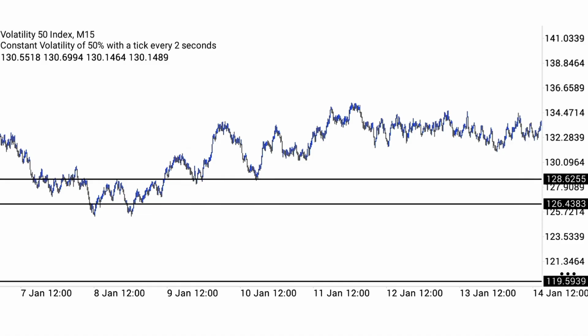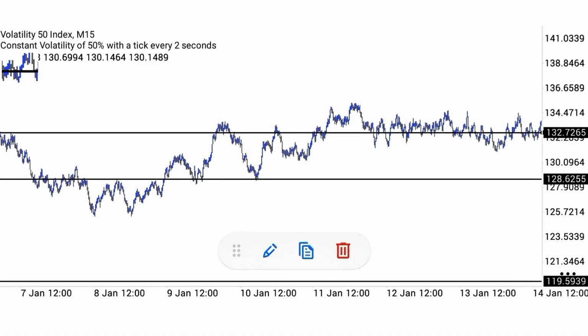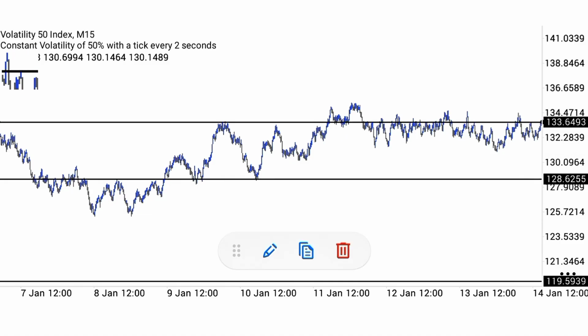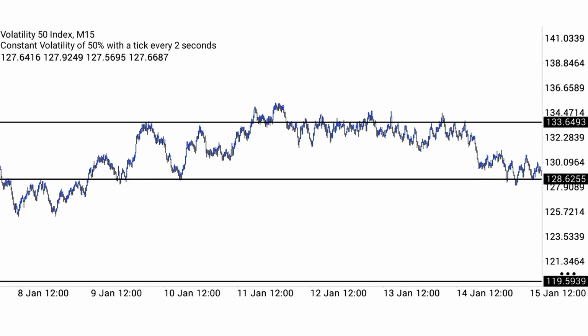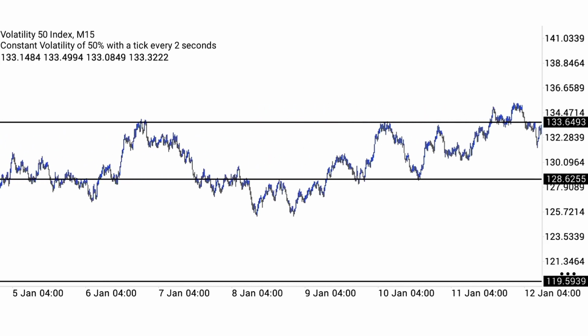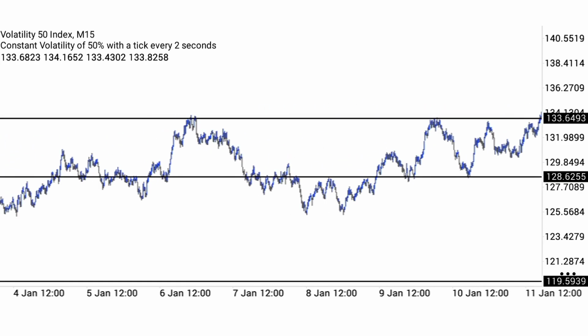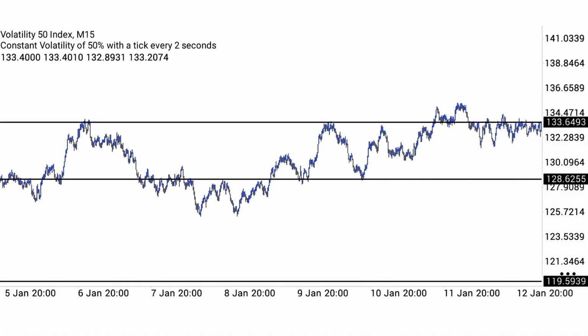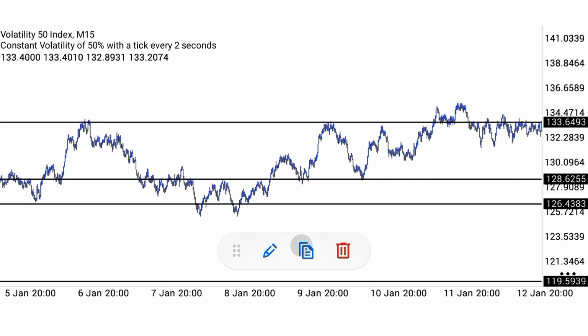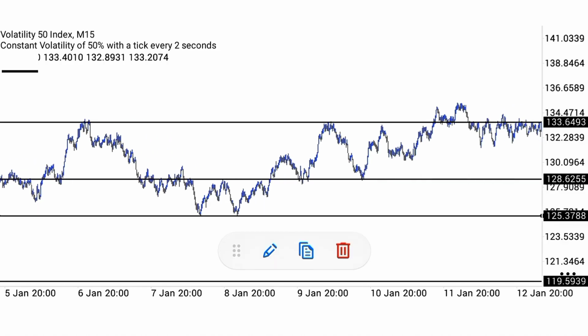We can also draw our support and resistance at this point too. These are now strong areas in this current market here. And another place that we can draw our support and resistance is at this point.